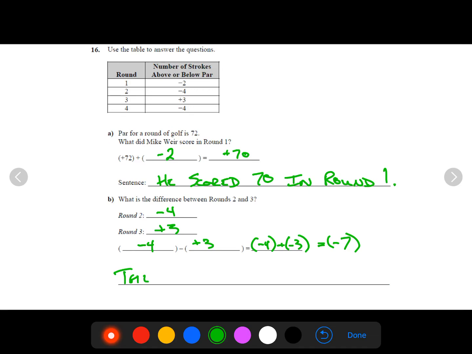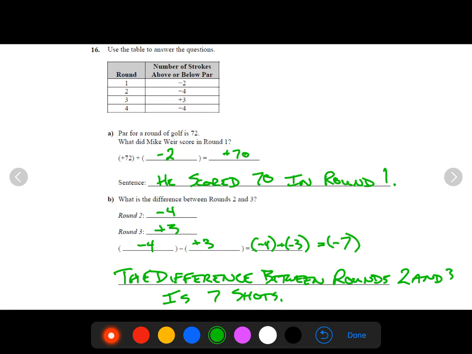So the difference between rounds 2 and 3 is 7 strokes. And round 3 was higher.